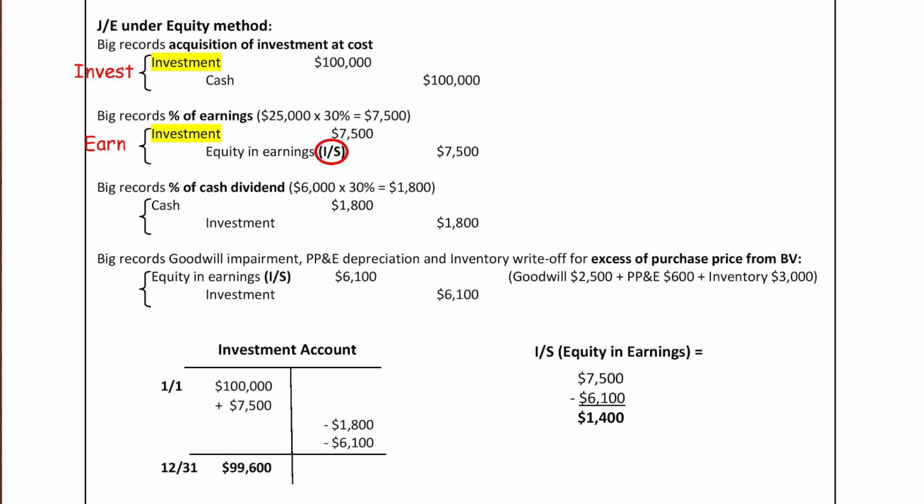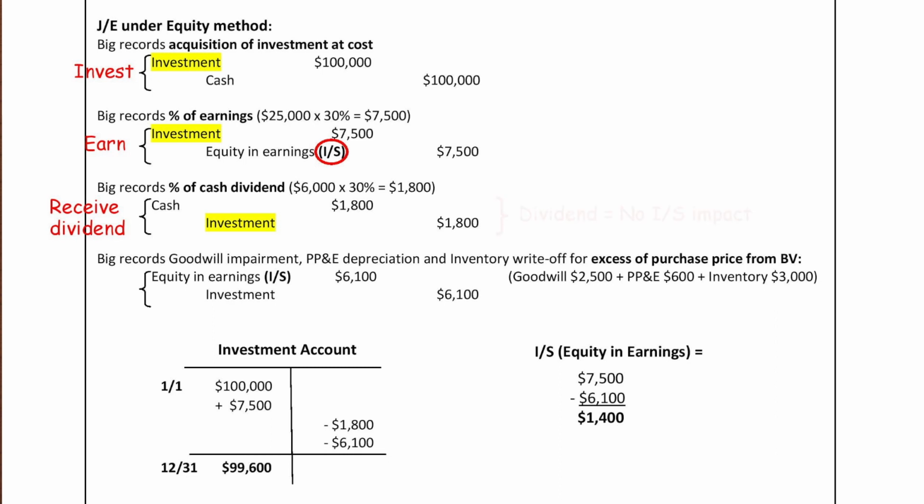However, when Big receives a dividend from Small, so Small pays out dividends of $6,000, Big owns 30%, so gets a dividend of $1,800. When Big receives the dividend, it's cash debit and investment credit.